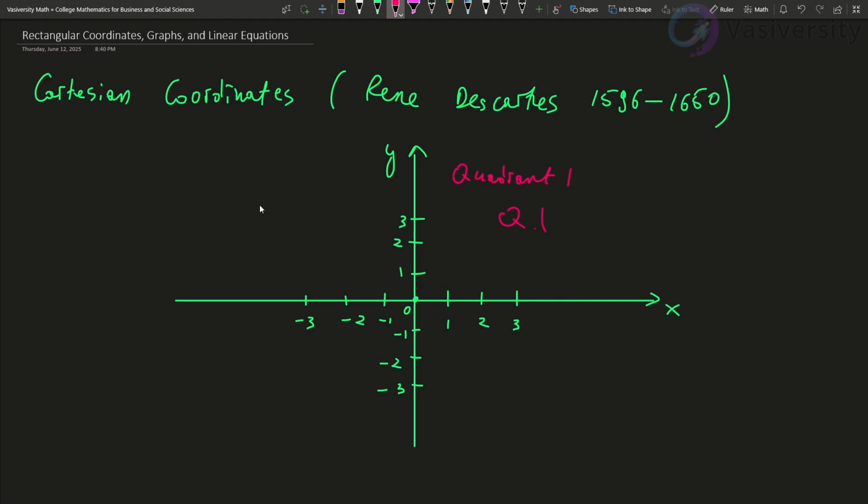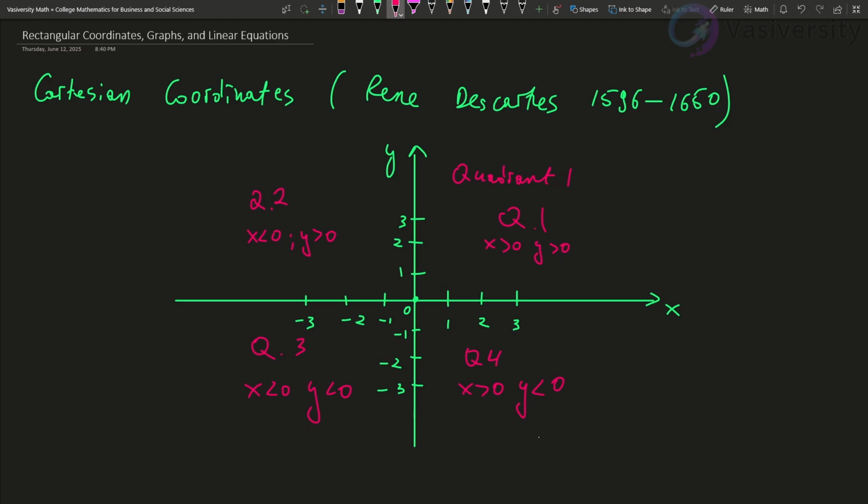Quadrant 2, which we're going to call Q2, has x negative, so x is less than 0, and y is greater than 0. For the third quadrant, which is right here, as you can see, it goes counterclockwise, x is negative, y is negative. And for the fourth quadrant, we have x positive, y negative.